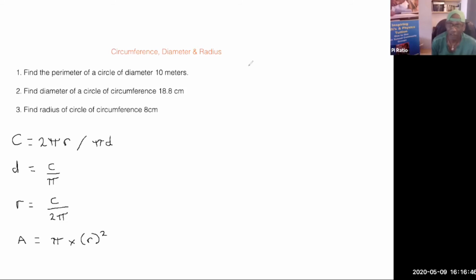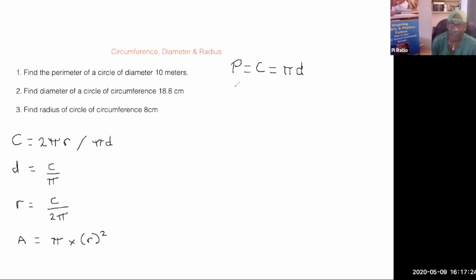All right, so find the perimeter of a circle of diameter 10 meters. So what I'm going to use is perimeter. Perimeter is the same as C, which is equal to pi d. The reason why I'm going to use pi d is because I have a diameter reading here already.